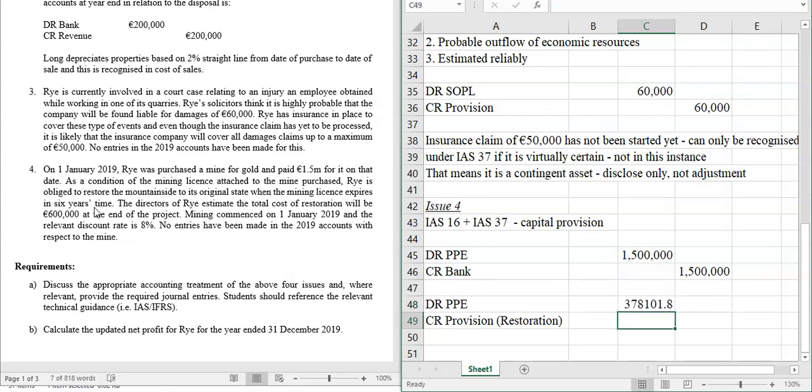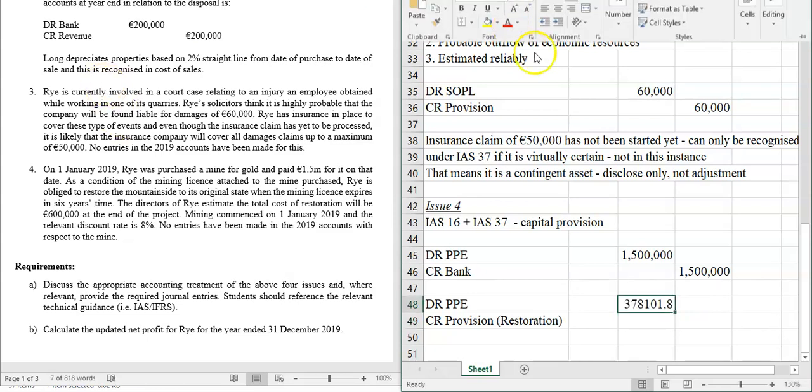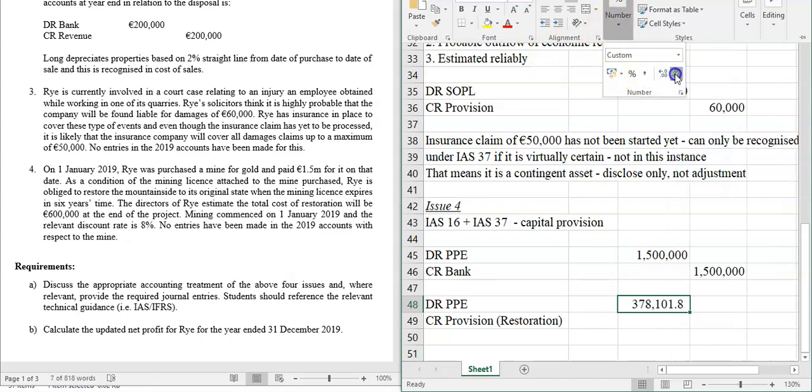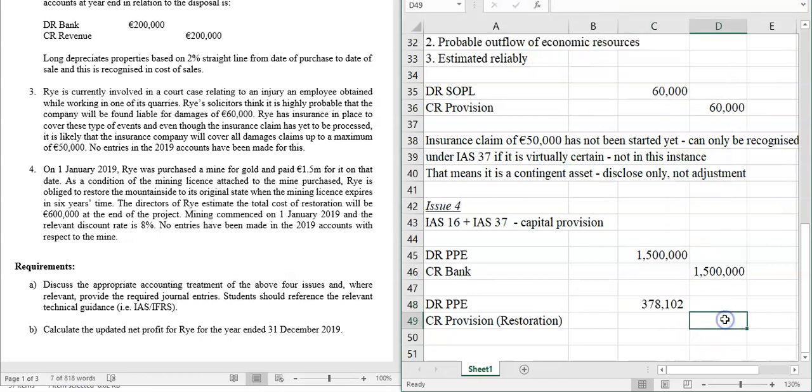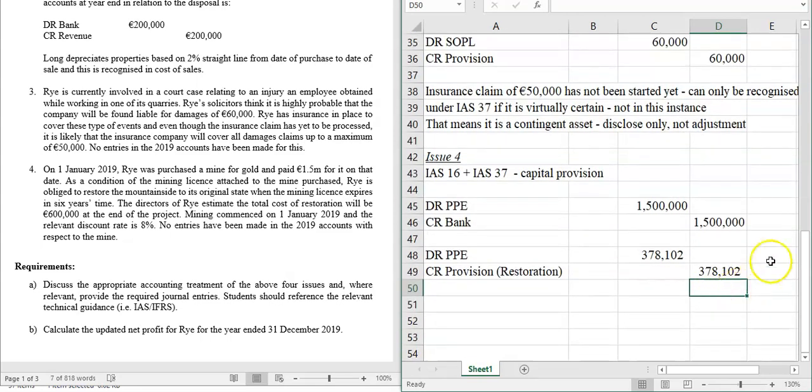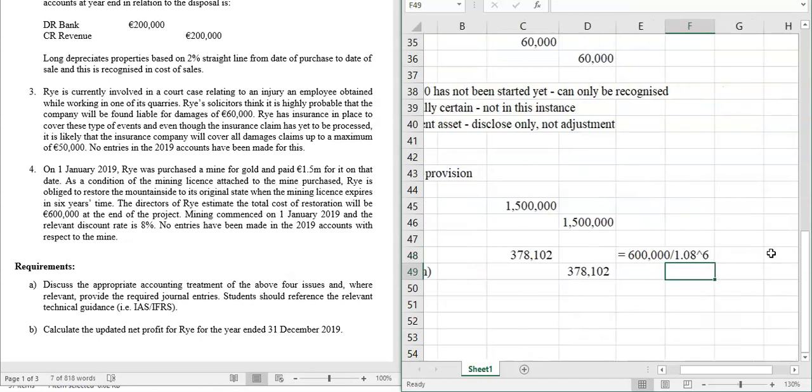So that will be 378,000. That's the present value today. And you're allowed to capitalize that under IAS 16. The cost of decommissioning or the cost of restoration is allowed to be capitalized. I'll just put there 600,000 divided by 1.08 to the power of 6.